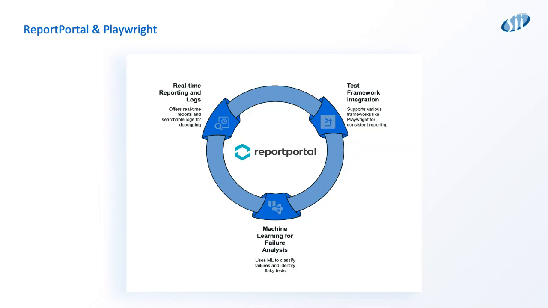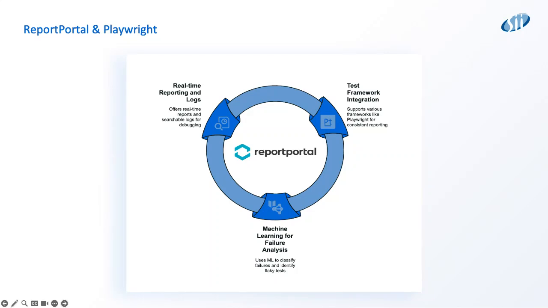Also, if a particular integration is not available, we can quite easily add an additional integration, because Report Portal offers a REST API. And what is also interesting is that we have machine learning capabilities. So we can use machine learning to classify our failures and identify flaky tests.